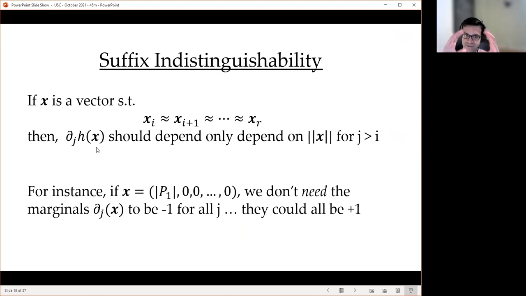Instead of having a strong mask, we design an H where this quantity only depends on the norm of X. In particular, for Balkanski-Singer, if you look at the point which has everything of P1 and nothing from the others, Balkanski-Singer will say I'll have marginals -1 for all 2 to R, but our function will actually give +1, and therefore it breaches this bottleneck of log n.